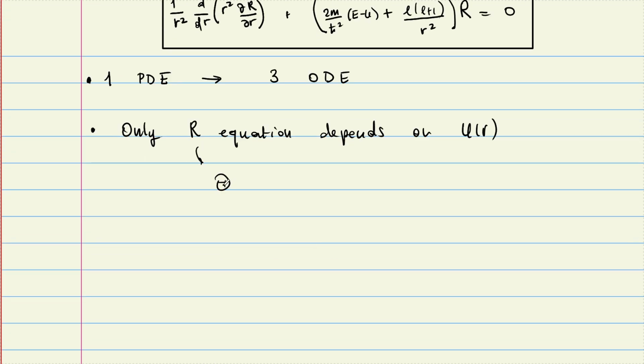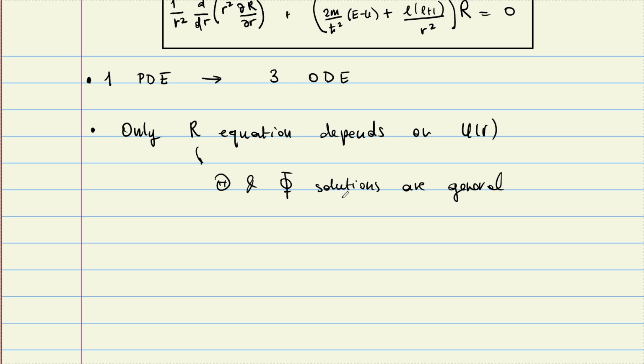Then theta and phi solutions are general, of course, as long as your potential only depends on R. If you have, for example, an anisotropic potential that depends on theta and phi, this is not the case. But generally, we have central potentials, and the form of central potential can change, but they don't depend on angle because of isotropy.